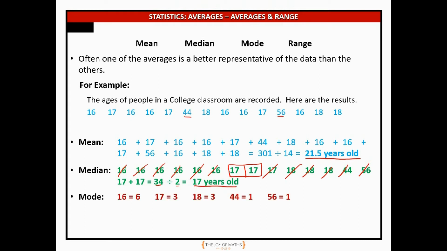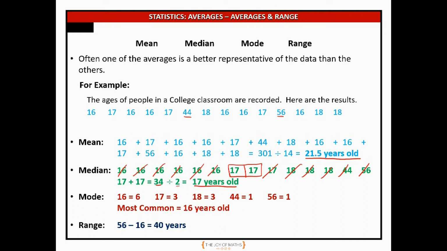If we have a look at the mode, this is about counting up how many of each age appear. So we've got six 16-year-olds, three 17-year-olds, three 18-year-olds, one 44 and one 56-year-old. So the most common age there is 16. And the range is 56 minus 16, so that gives us 40 years old.